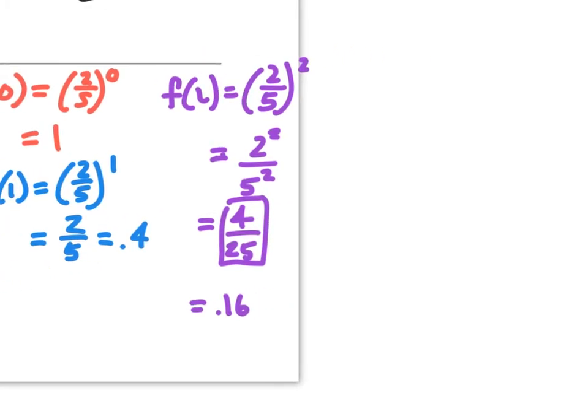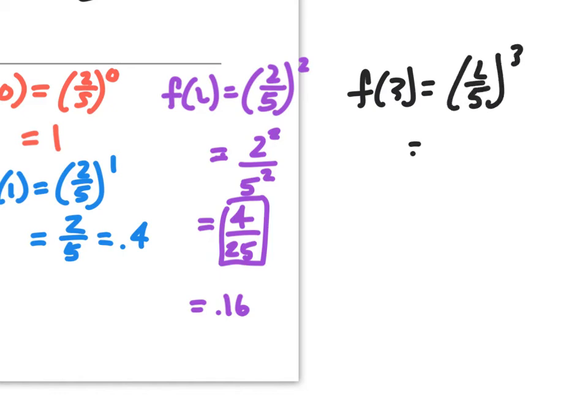Okay, let's just do f of 3 just to see what we get. That means I'm going to take 2/5 and cube it, which means I'm going to take 2 cubed divided by 5 cubed. All right, now 2 cubed, 2 times 2 times 2, is going to give you a value of 8. If I take 5 cubed, it's going to give me a value of 125.